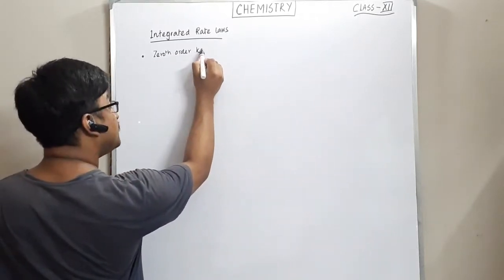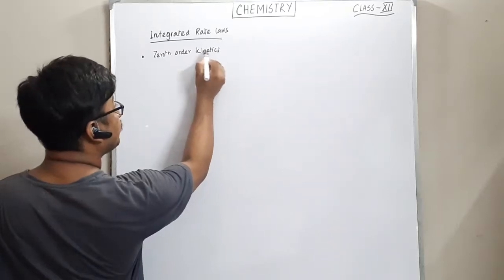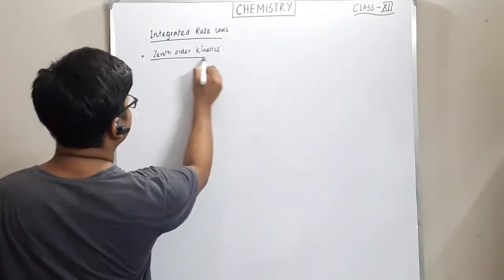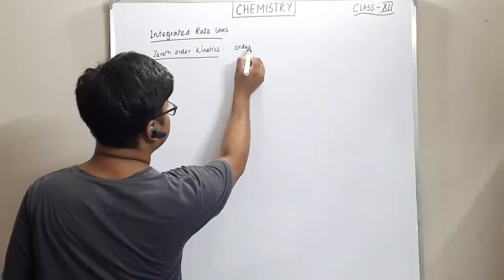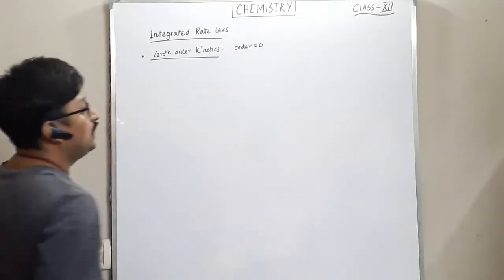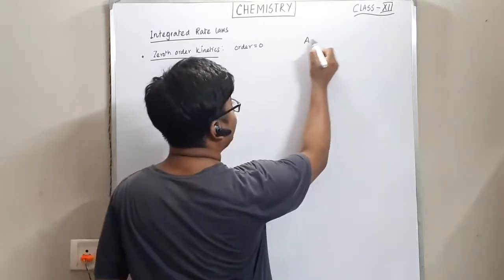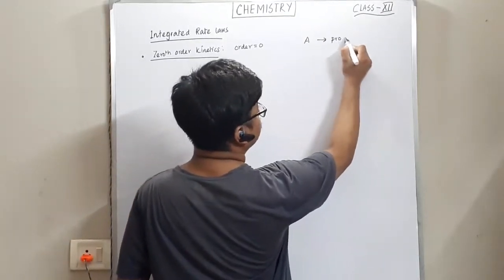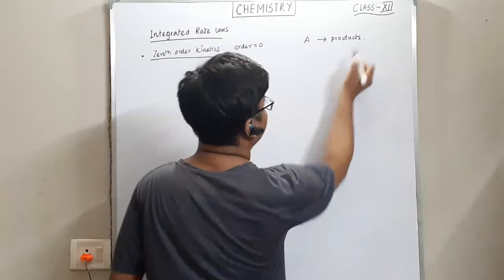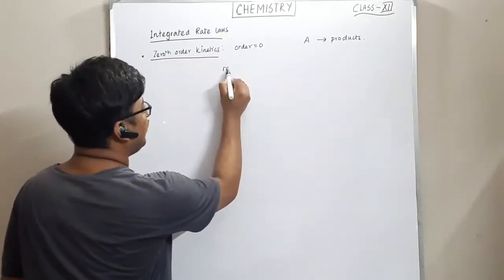Zeroth order, I would say zeroth order kinetics. It's called zeroth order kinetics, where your order is zero. Okay. Now, for a general reaction, A to products, what will be the rate law?